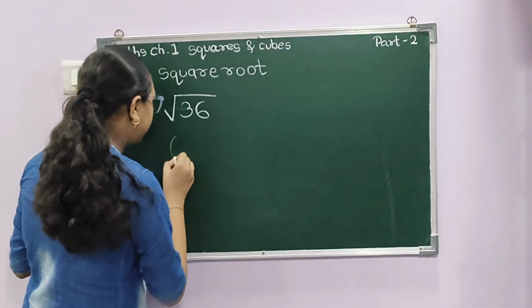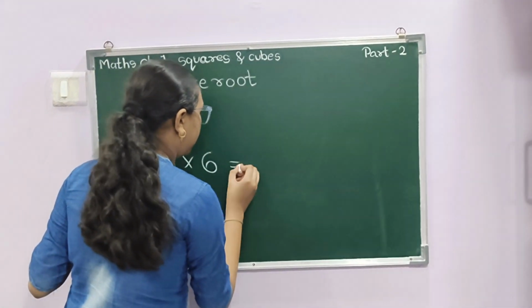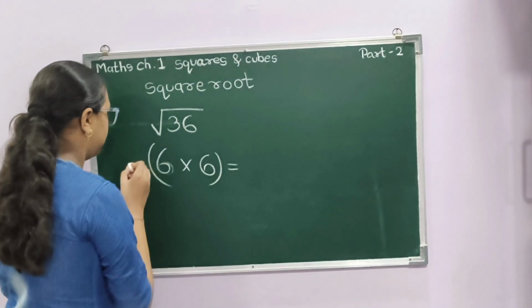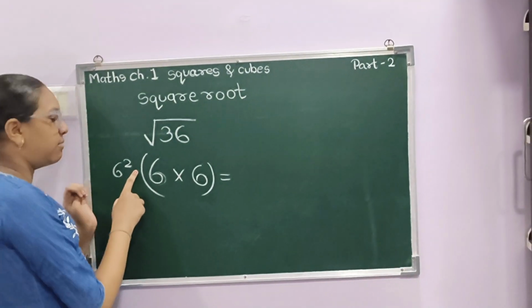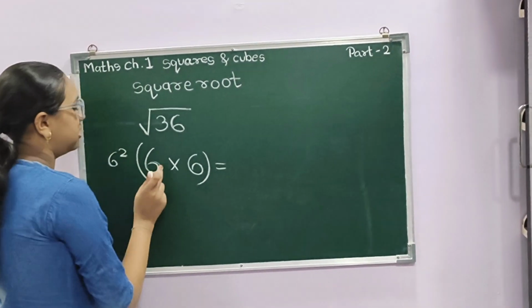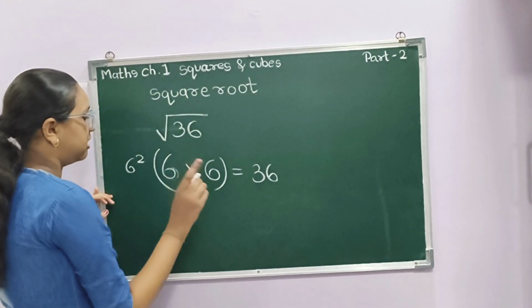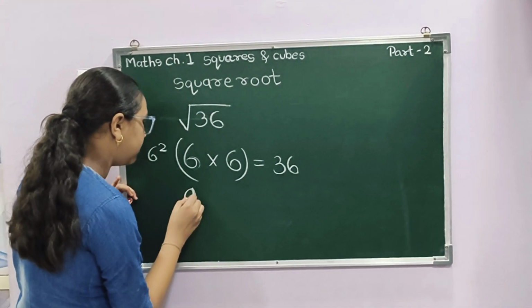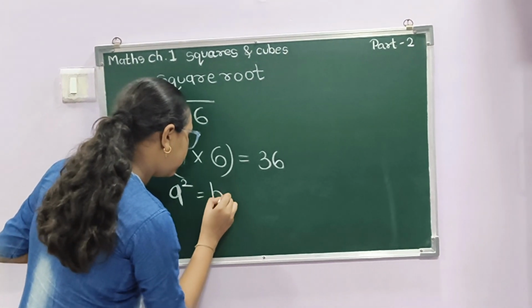Like if I multiply 6 into 6, that is 6 raised to the power of 2, 6 into 6 equals 36. Suppose this number is a, raised to the power 2, and the answer is b.